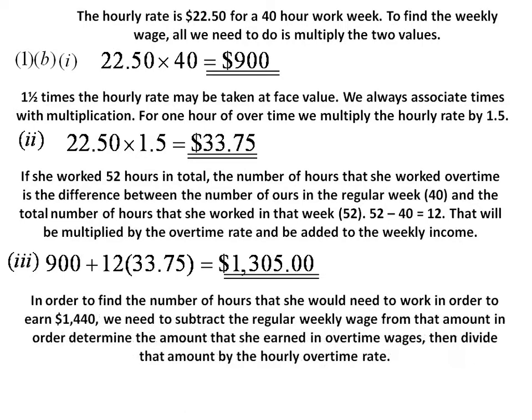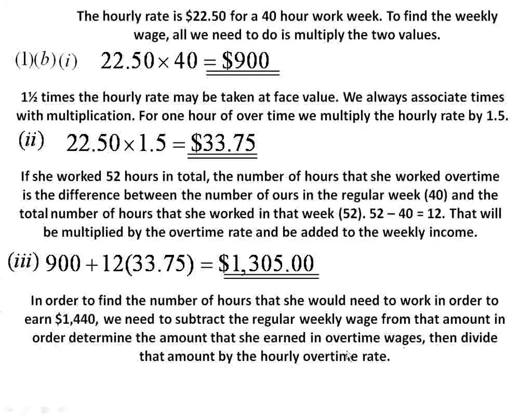In order to find the number of hours that she would need to work in order to earn $1,440, we need to subtract the regular weekly wage from that amount in order to determine the amount that she would earn in overtime wages. Then divide that amount by the hourly overtime rate.